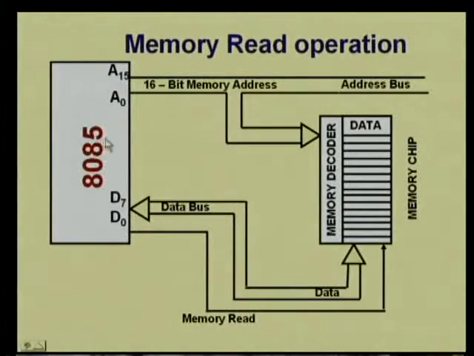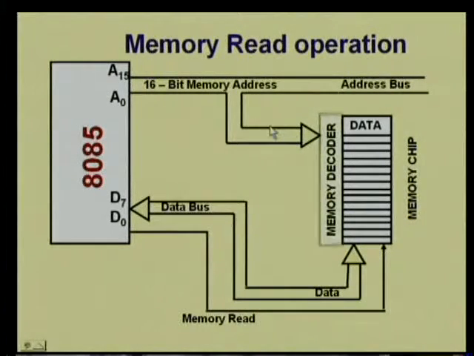Now let us see how a memory read operation can be made by the 8085 processor with an illustrative example. Here we have the processor 8085 and this is a memory chip. The first thing is, it has to identify the memory location from which the data has to be read. So how can data be accessed from a memory location? First, it will send a 16-bit address over this address bus to the memory chip.